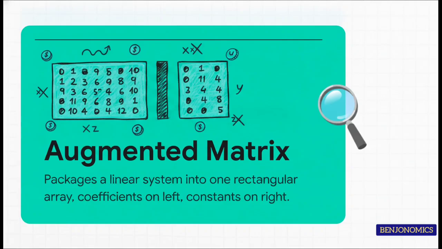You simply take the coefficients, the numbers directly attached to your variables, and neatly line them up on the left side of a vertical bar. Then you just drop your constants, like that total daily revenue, right on the right side. This visual separation provides a beautifully compact way to represent linear equations, giving us a super clean, highly structured workspace.